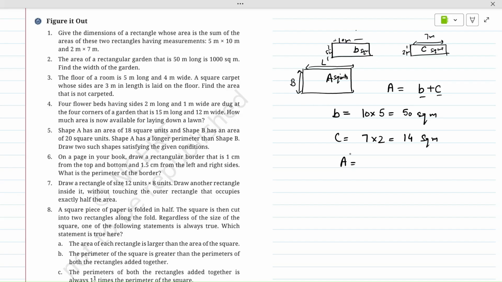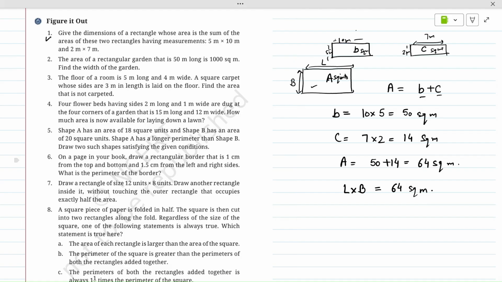The sum of these two, B plus C, that is 50 plus 14, which is equal to 64 square meters. This is the area of the bigger one. And we are asked to find the dimensions, that is length and breadth. So we can say that the product of length and breadth of this rectangle is 64 square meters. This is how we can do this question.